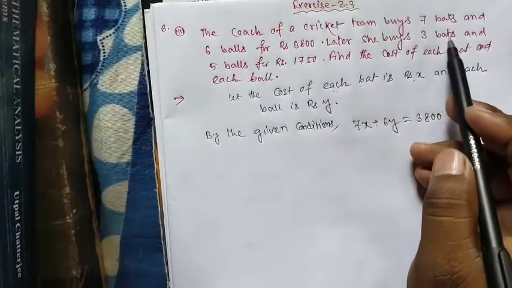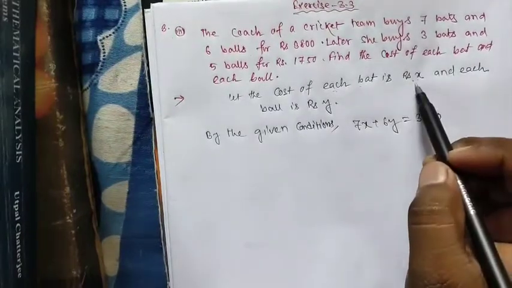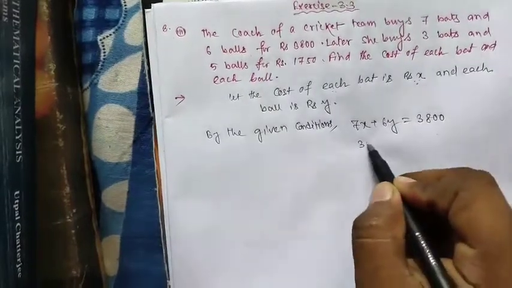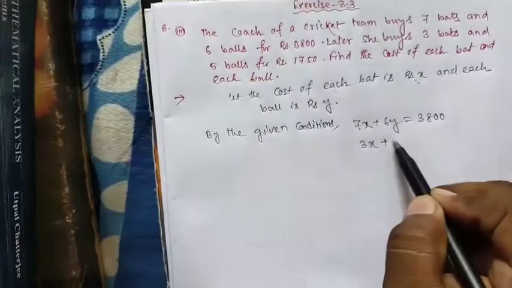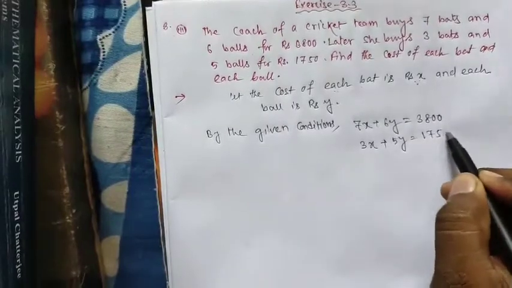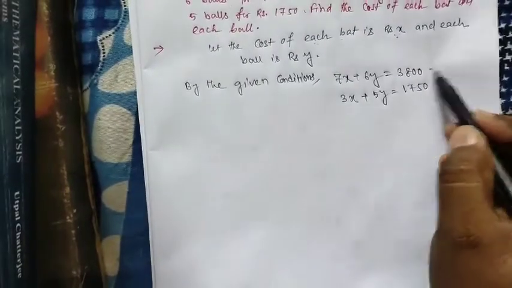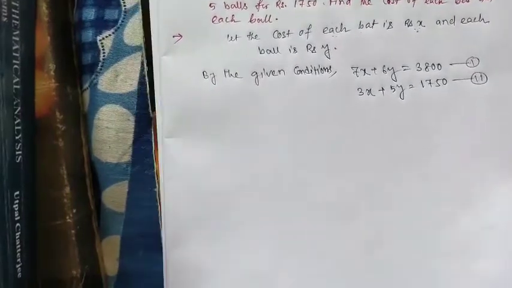Similarly, later 3 bats, each bat costs X, so the cost of 3 bats is 3X, together with 5 balls, so 5 into Y, equal to 1750. Okay, so these are the two linear equations. This is 1 and suppose this is 2.